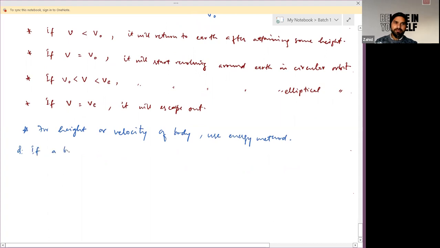If a body is thrown at v by 2, find the maximum height it will attain.